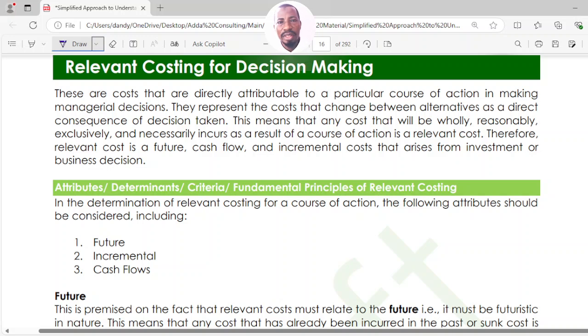Hi everyone. In today's class, we are going to be discussing a brand new topic, which is relevant costing for decision making, a very important topic in performance management, and it's also very practical, especially as a management accountant.